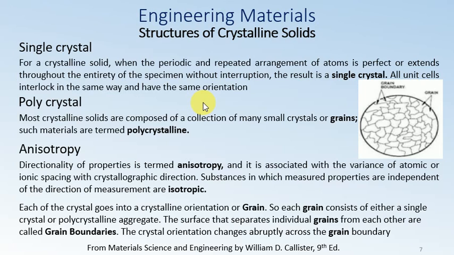This is because of atomic or ionic spacing with crystallographic direction, which gives materials anisotropy. Substances in which measured properties are independent of the direction of measurement are called isotropic. This means if you measure their property from any direction, from right to left, from top to bottom, they have the same characteristics, then this material is called isotropic. And if the property from one side is different from the other, then this is called anisotropic.